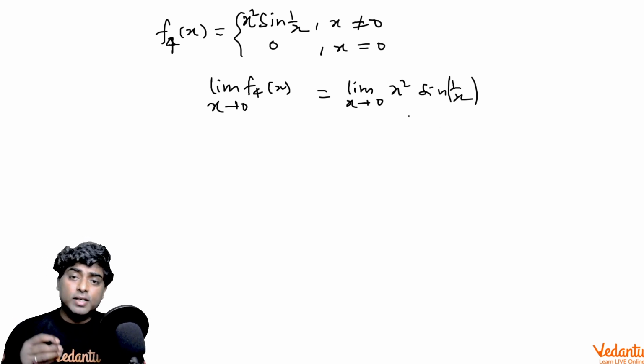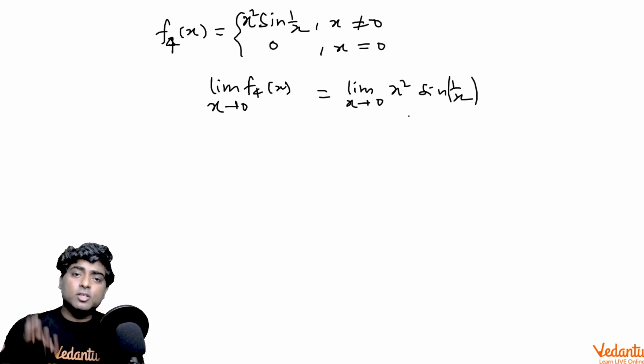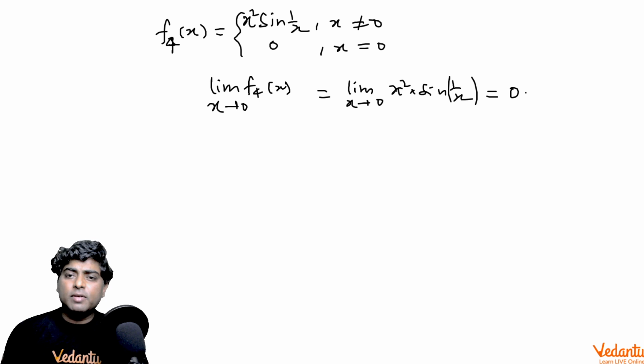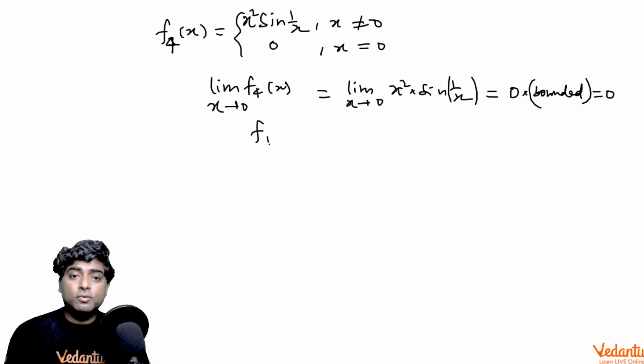When x is very very close to 0, sine 1 by x will fluctuate very rapidly between minus 1 and 1, but it is finite, it is bounded, and in front of it x squared tends to 0, so it is 0 into a finite bounded thing, so it should be 0. And f4 0 is also 0, so function f4 x is obviously a continuous function.